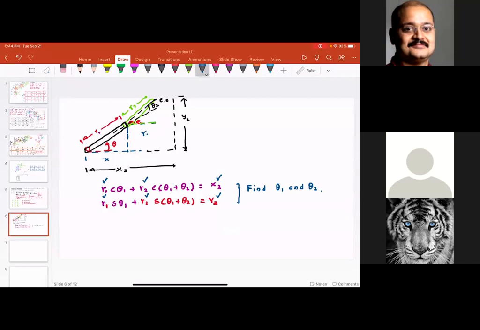So what you need to do is employ certain tricks, like expressing the angles in terms of trigonometric identities, or expressing the angles in terms of half angles, or adding or subtracting the angles to come up with a simplified equation so that it can be solved. So in the next class, I will talk about what tricks we can use to solve transcendental equations. So I'm going to stop here.